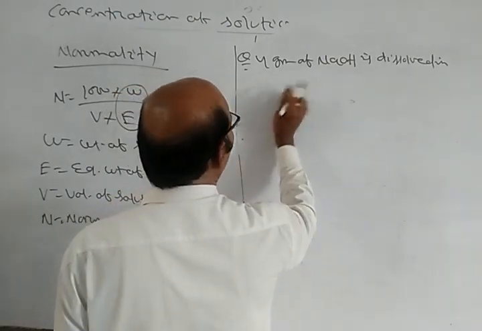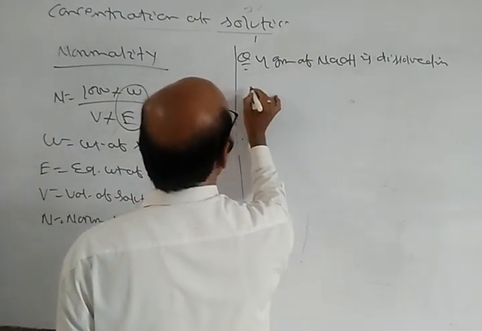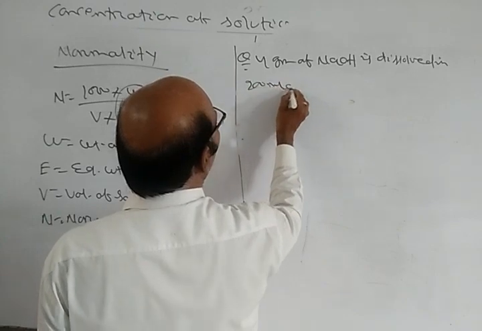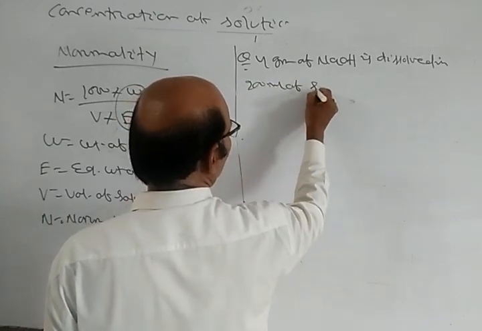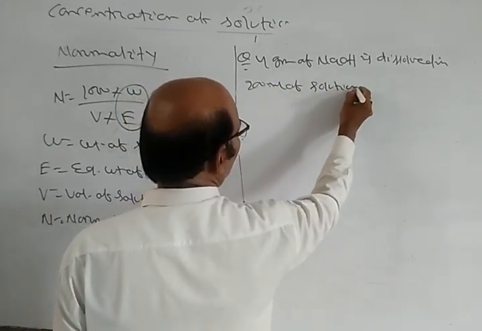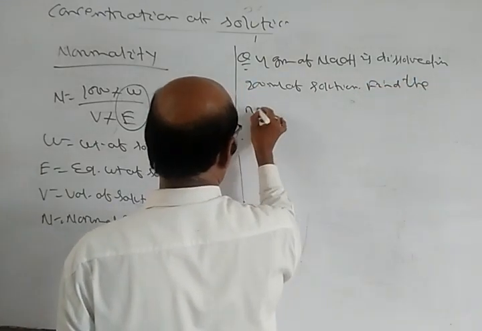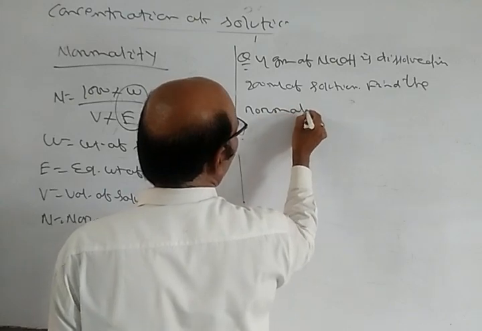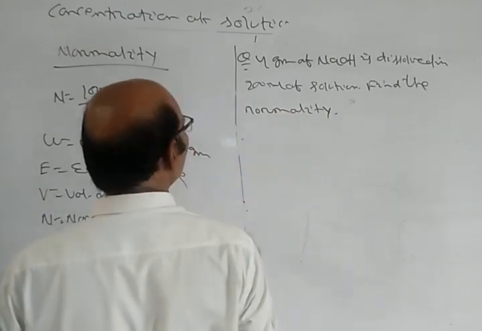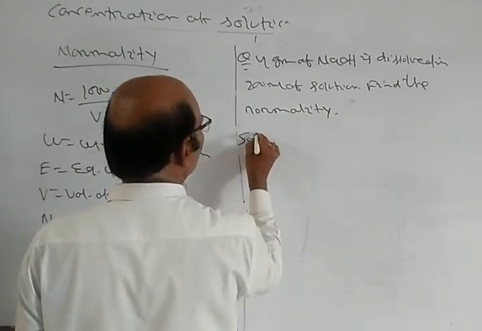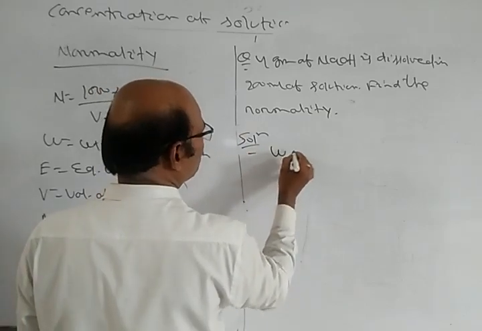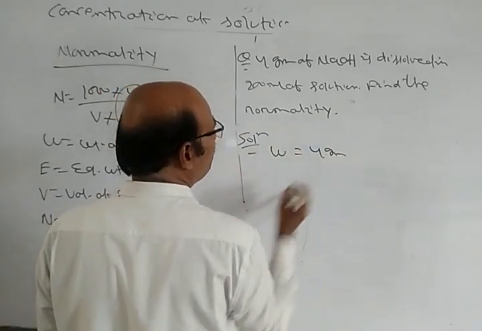Find the normality. Weight of solute W is 4 gram.